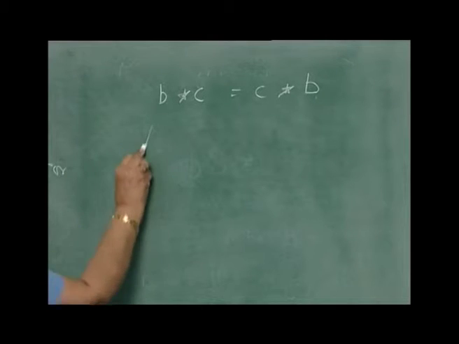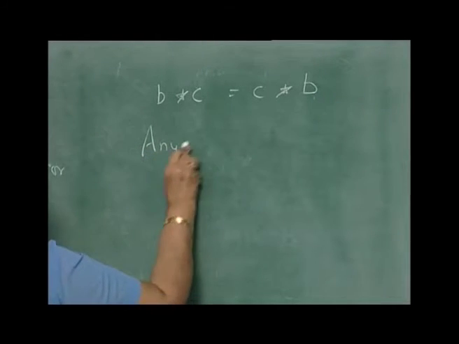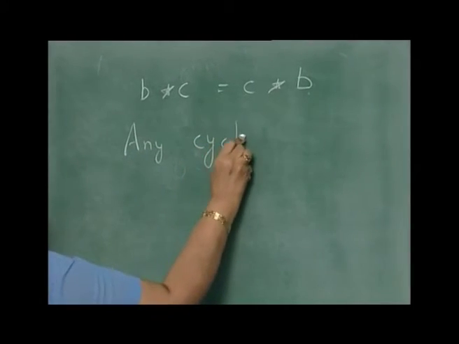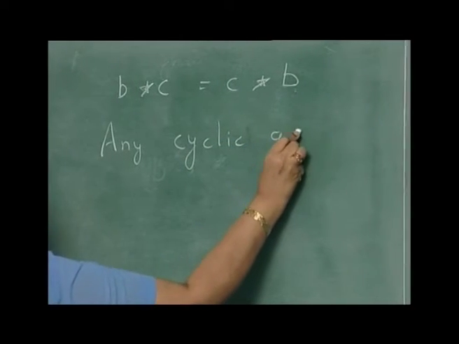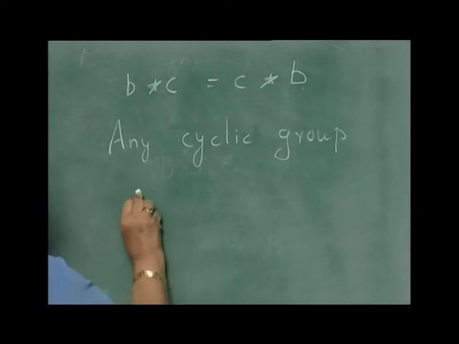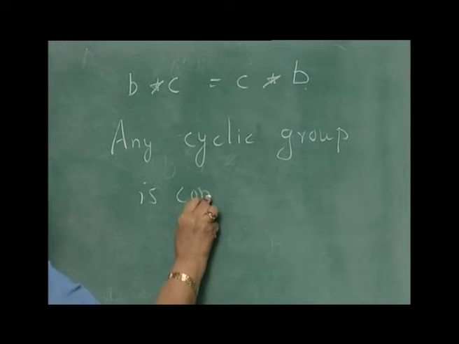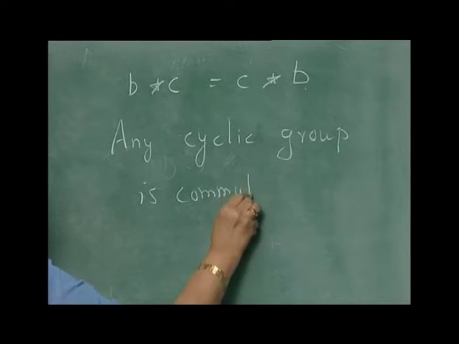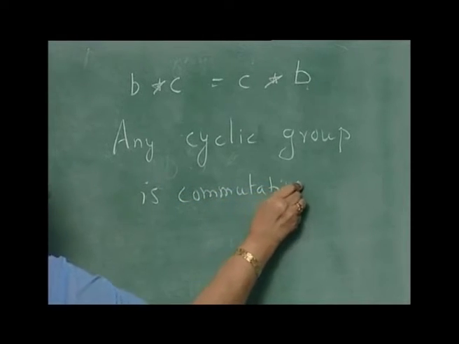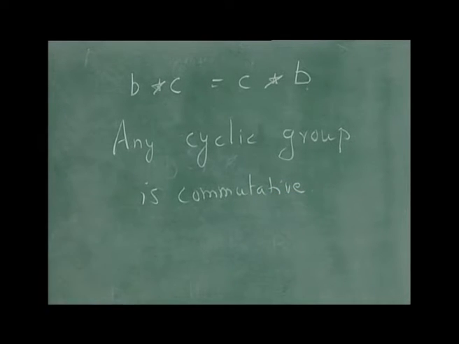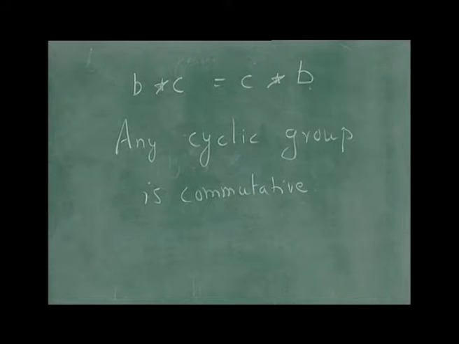So, any cyclic group is commutative. But it is not the other way around. Any commutative group need not be cyclic.